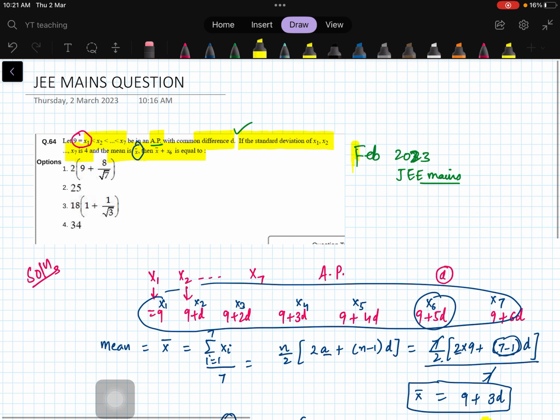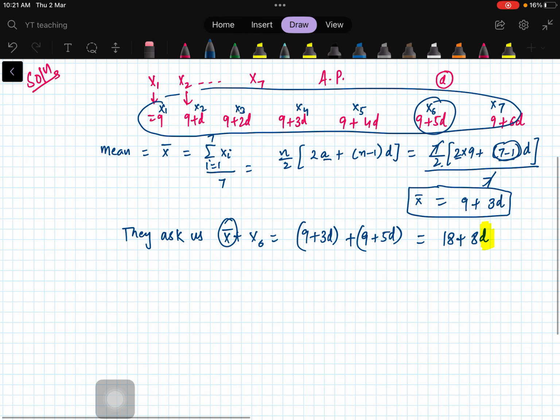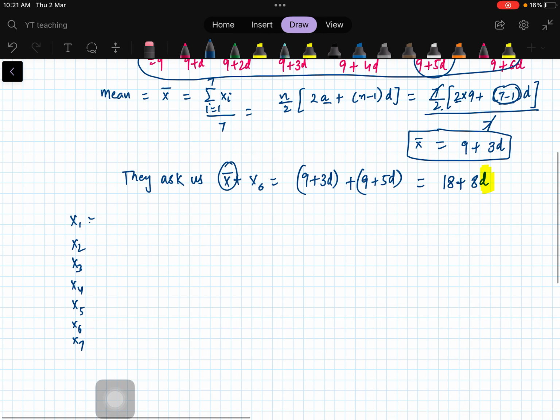Now if you look at the problem statement, you see that the standard deviation is given. So let us use that. So what is standard deviation? I have my terms x1 to x7, which are 9, 9 plus d, 9 plus 2d, 9 plus 3d, 9 plus 4d, 9 plus 5d, 9 plus 6d.